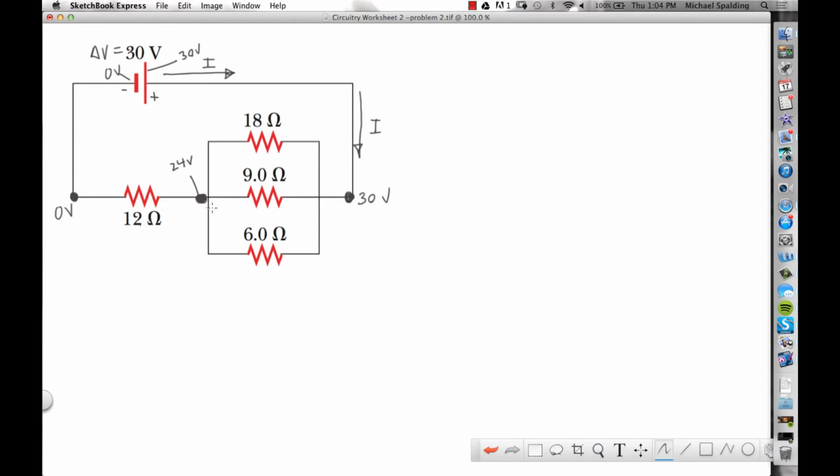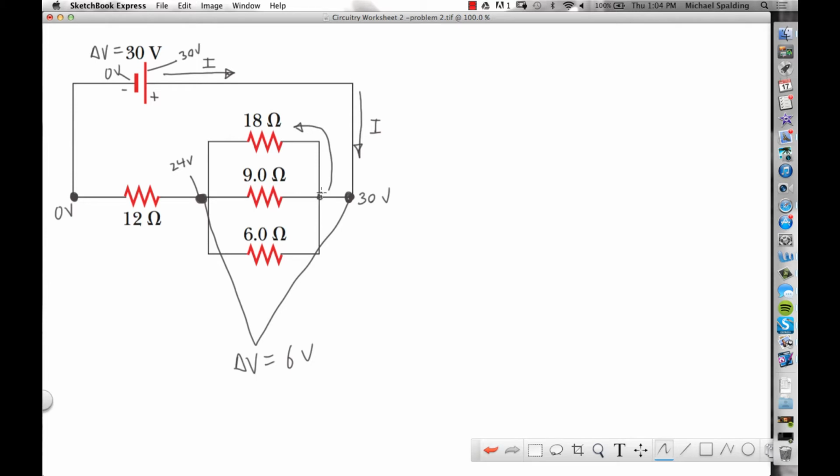So what's the delta V between those 2 points, from 30 over to 24? What's the delta V? Nathan? 6 volts. 6 volts, okay? Now look, does it matter if the current that we're talking about is the current through the 18?